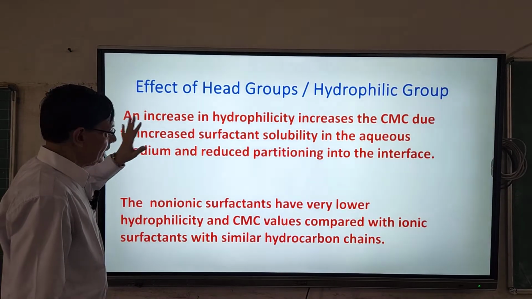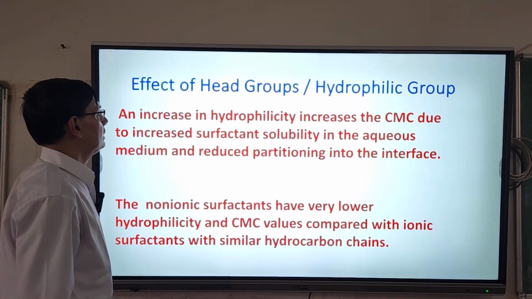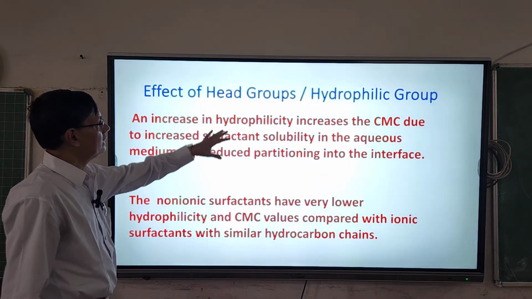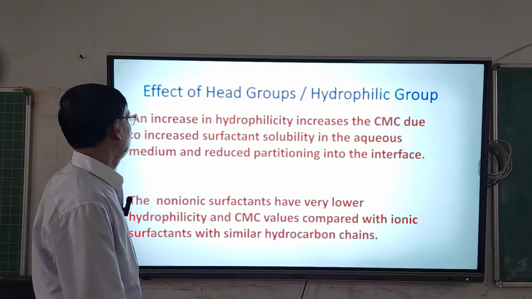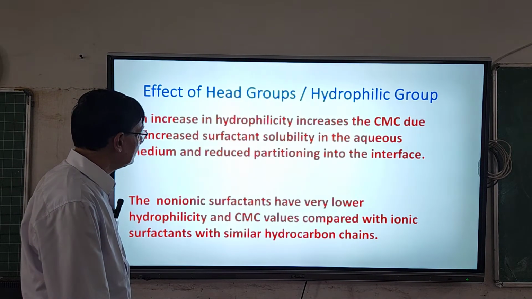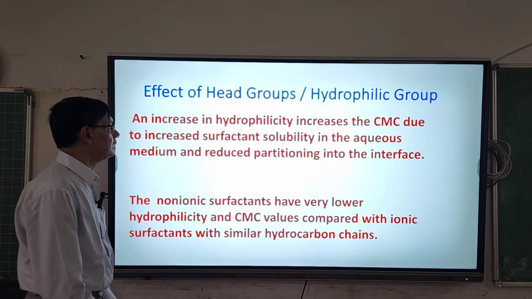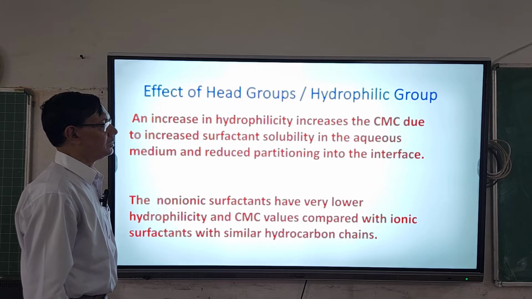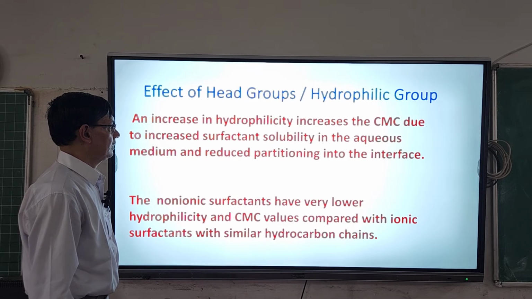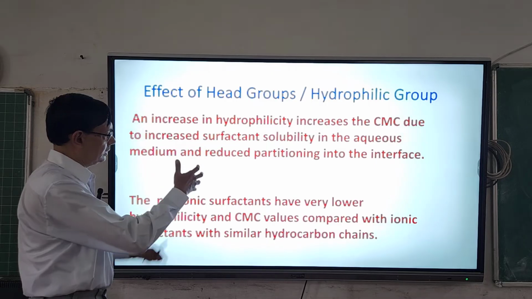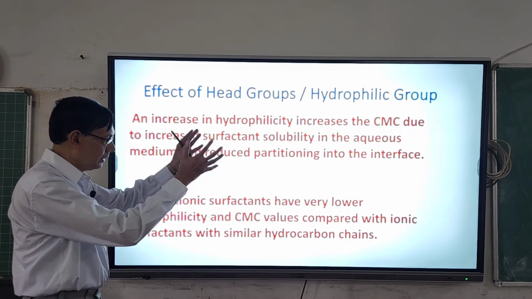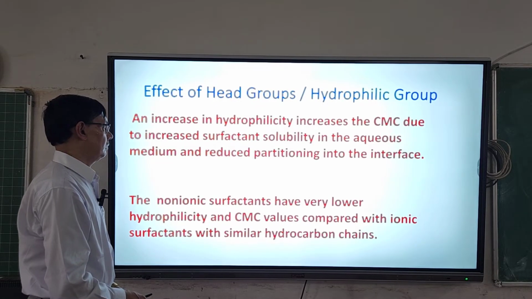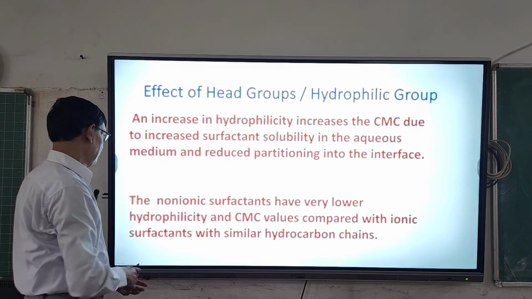One possible explanation, though I am not very sure about it, is that an increase in hydrophilicity increases the CMC due to increased surfactant solubility in the aqueous medium and reduced partitioning into the interface. That is also one of the reasons, because cetyl triphenyl phosphonium bromide is a very big molecule, so its result is different.